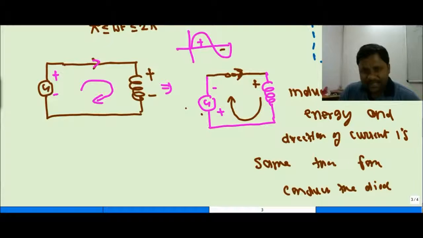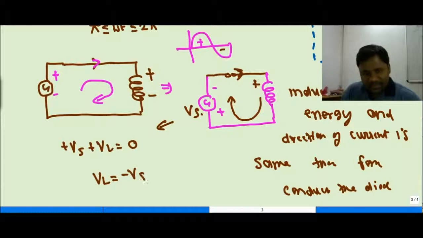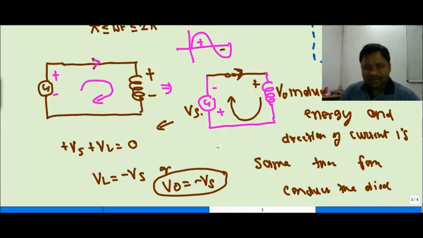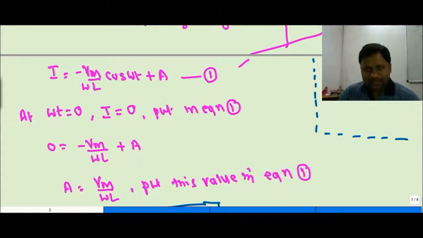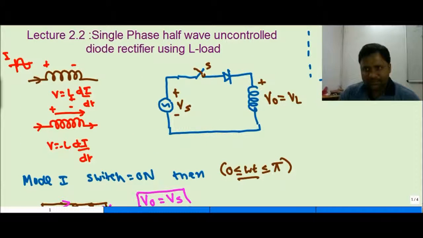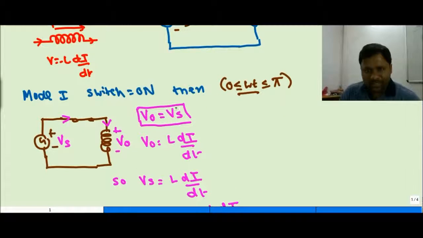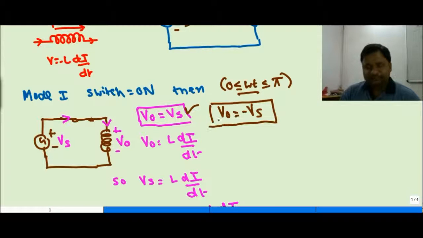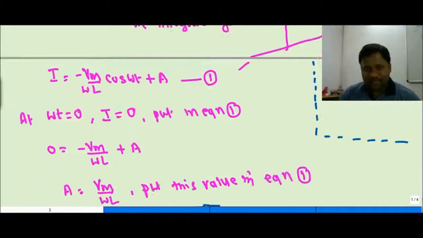So this is Vs. Plus Vs plus VL should be equal to 0, so VL equals minus Vs. Or we can say the output voltage, the voltage across the inductor, should be minus Vs. So we have come to a conclusion like this: during the positive half cycle, the output voltage is equal to the input voltage, and during the negative half cycle, the output voltage equals the minus input voltage, and from 0 to 2 pi, the direction of the current is going to be like this.